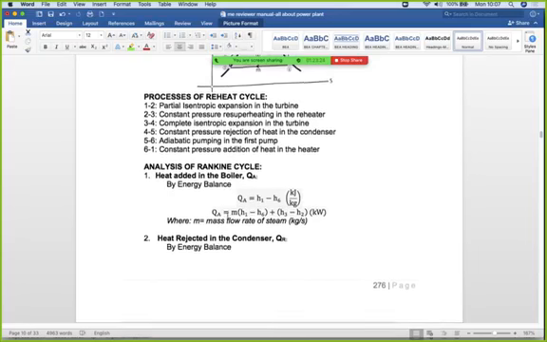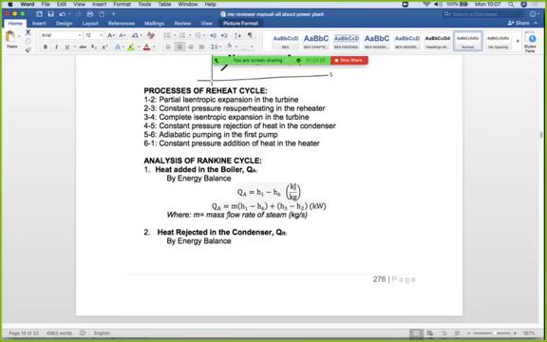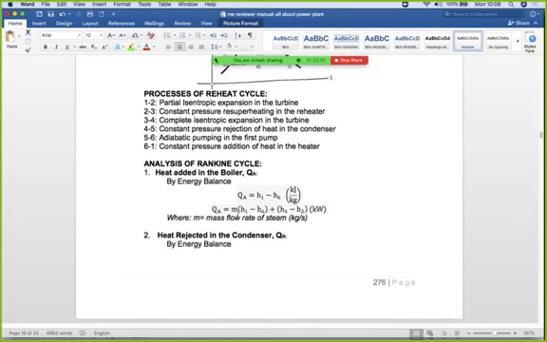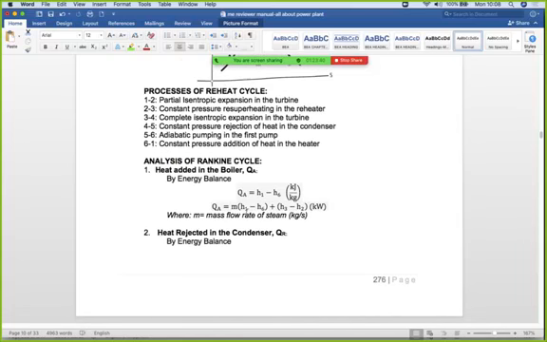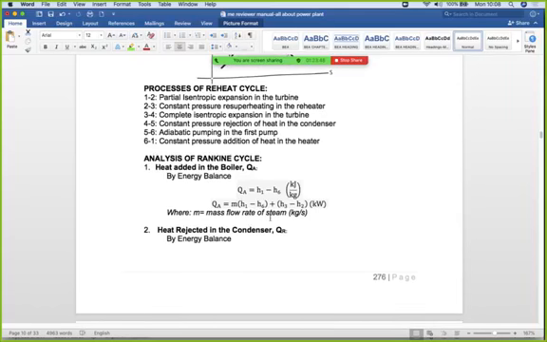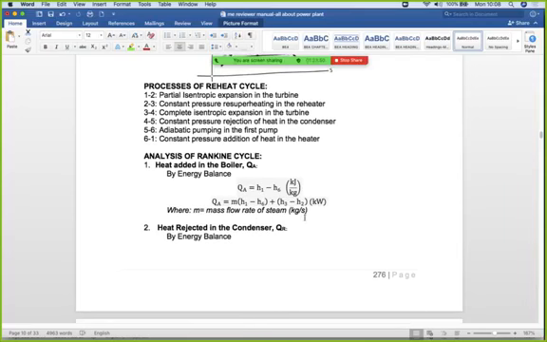And what is also the heat added is the mass of, what is the mass of that? Is that water or air or fuel? Of course, that is water. So mass of water or steam, times H1 minus H6. So M is the flow rate of steam in kilogram per second.